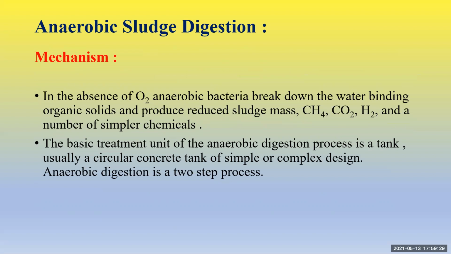Now, what happens here? In the absence of oxygen, as the name suggests, anaerobic, the process takes place in the absence of oxygen. In the absence of oxygen, anaerobic bacteria break down the water-binding organic solids and produce reduced sludge mass. Okay.